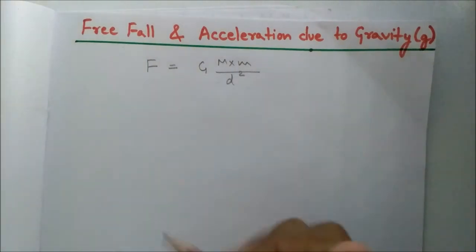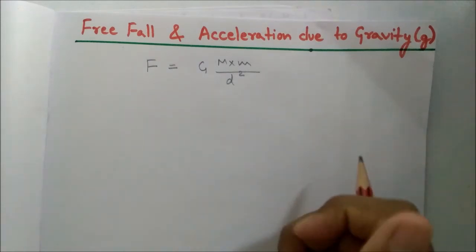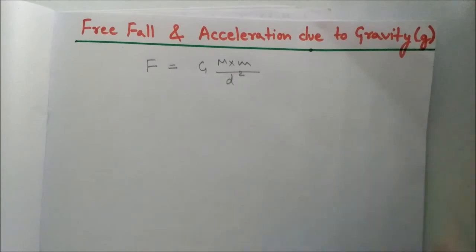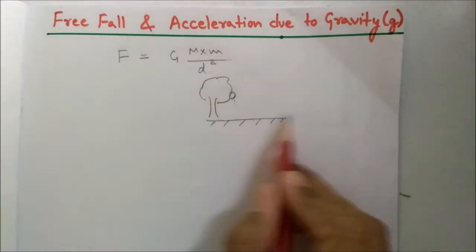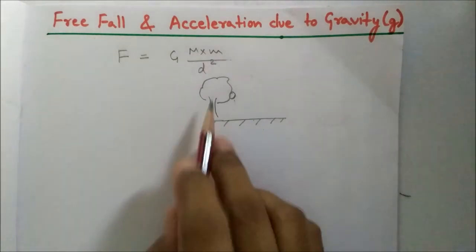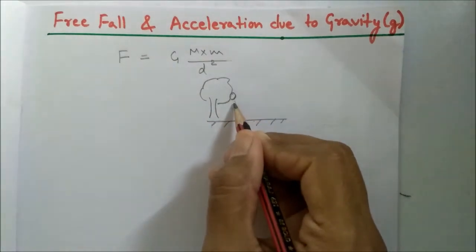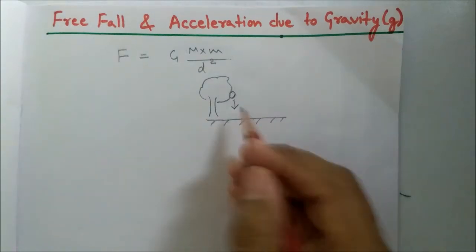Now, we know that the earth attracts objects towards it, isn't it? That is due to the gravitational force. Assume that this is the ground, the surface of the earth, and this is an apple tree and this is the apple. Now, if it falls down, this is due to the gravitational force.